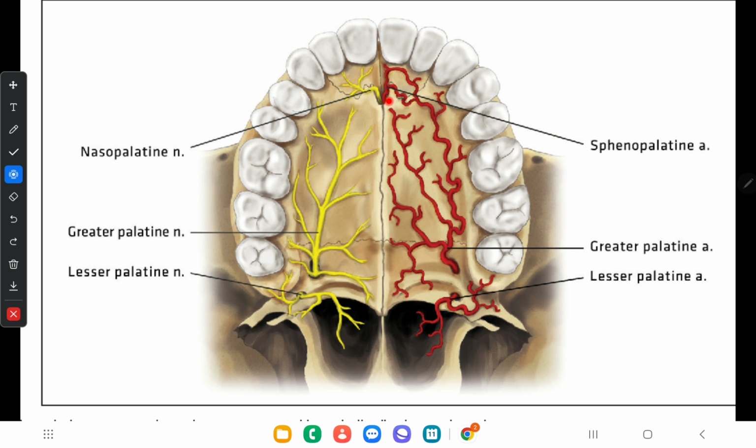You have to remember that clearly. So these lesser palatine arteries are some branches of the greater palatine artery. You can see they have emerged from the lesser palatine foramen into the oral cavity. So I think the course of the greater palatine artery is clear now.